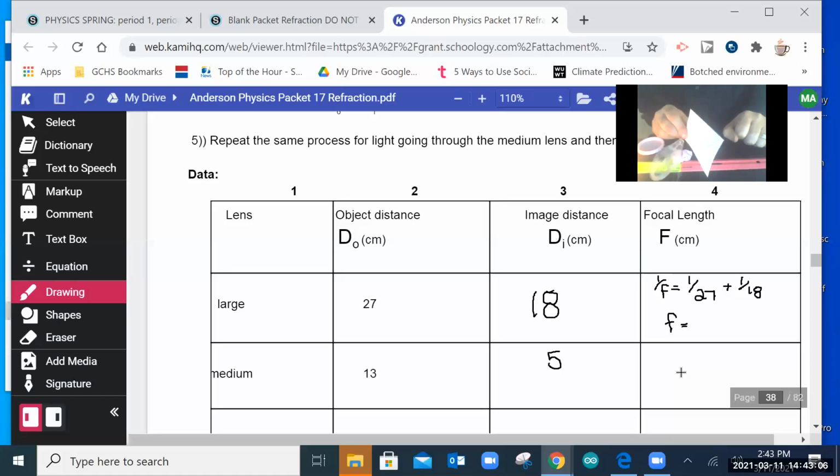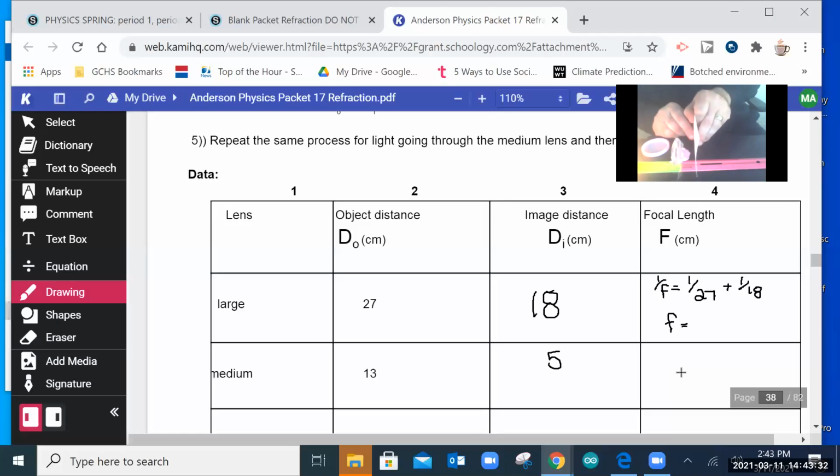And lastly, we're having the glowing candle at the same location, 13. But I'm now looking through the teeny tiny lens. And it is definitely out of focus at 4. Gets better and better, and then it's out of focus again at 2.